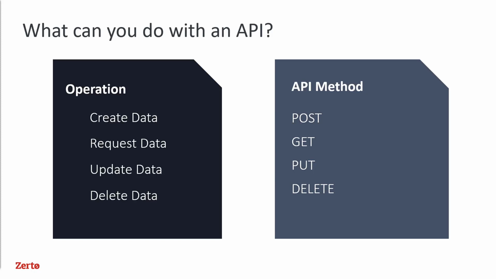But that's all abstracted away from us. We don't really need to worry about it. As we start working with APIs, we need to think about the actions that we're doing and associate those with methods. Now, this is just a subset of methods to get us started, and these, in my opinion, are going to be the most common ones that we will be using as we continue down our API journey.